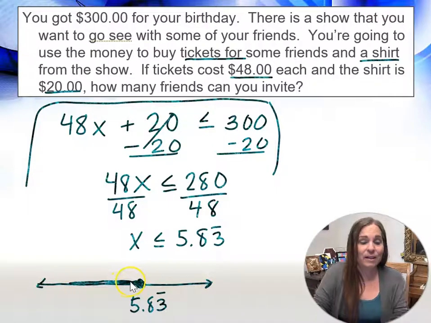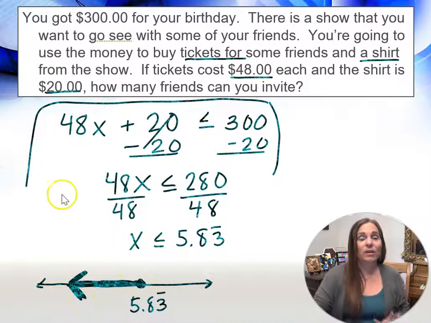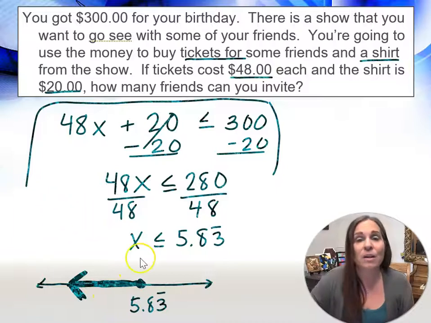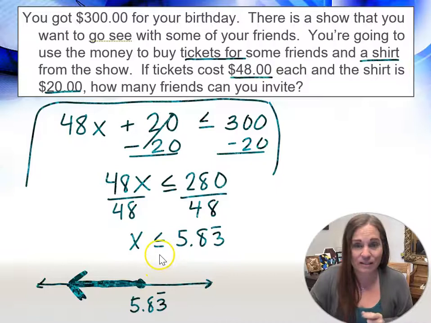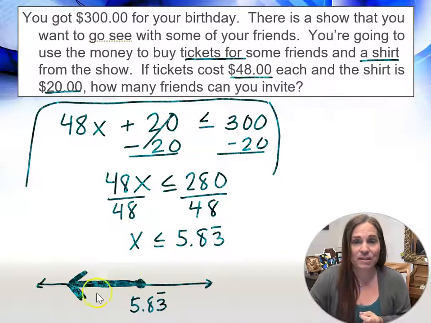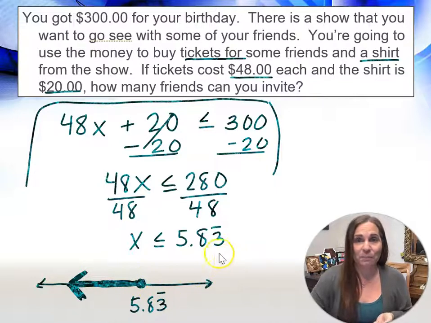So that would be down here. I would be shading. That's if this was just an inequality, no real world situation. I would shade all of the numbers on the number line that are less than or equal to, right? The arrow is the less than, the equal to is the dot, 5.83 repeating.